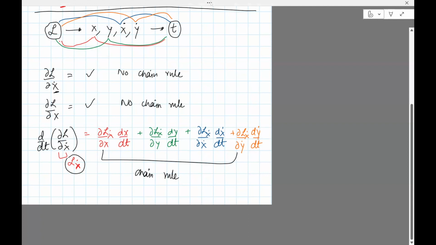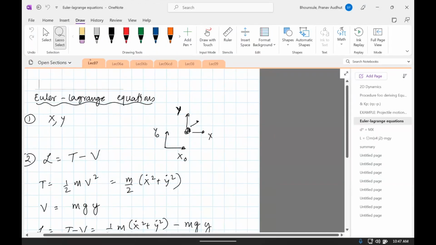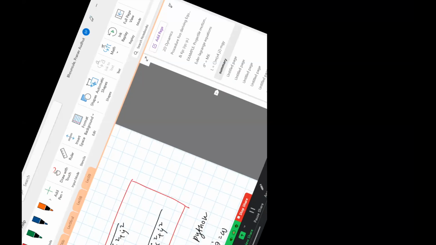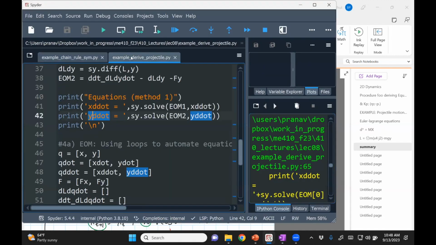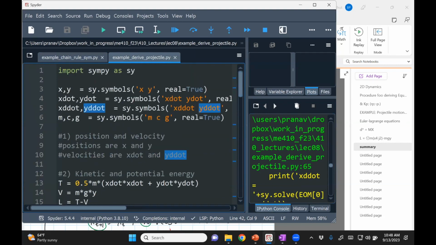I have 2 minutes. Here are the equations I derived last class. These are the equations, and I'm trying to get the same equations using symbolics. So x, y, x dot, y dot, x double dot, y double dot.